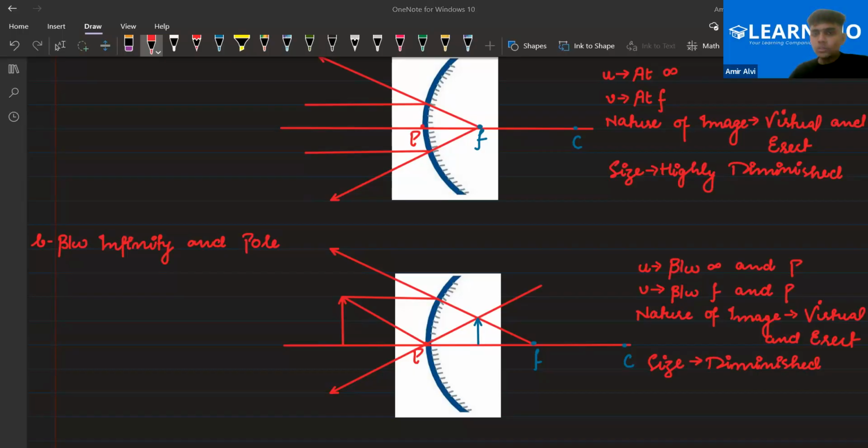So this is the simplest way to draw the ray diagram in the exams. Now let me quickly write the applications.